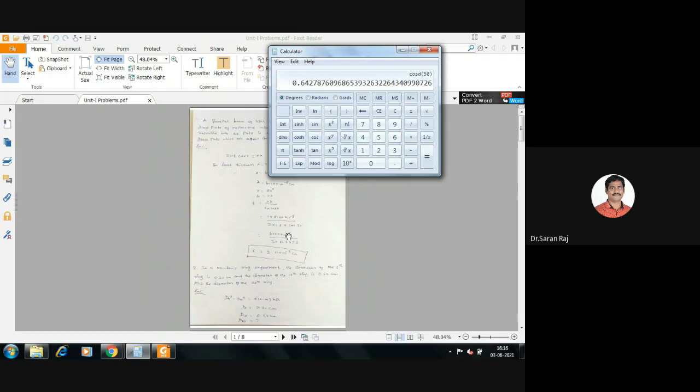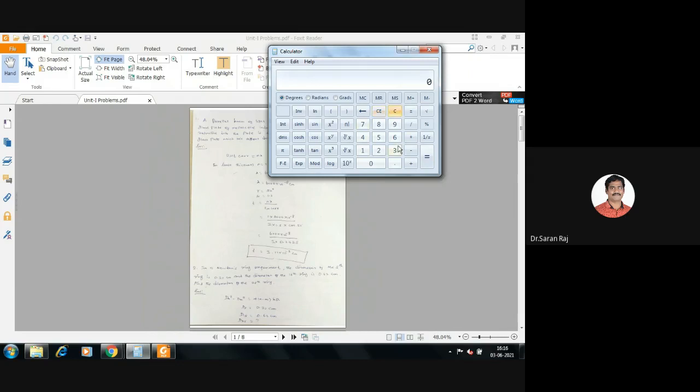Then 6000 into 10 power minus 8 divided by this value, you can divide it, and you get the thickness of the particular plate. First I multiply 3 into 0.6428, which equals 1.9284. This is the division term here: 1.9284.